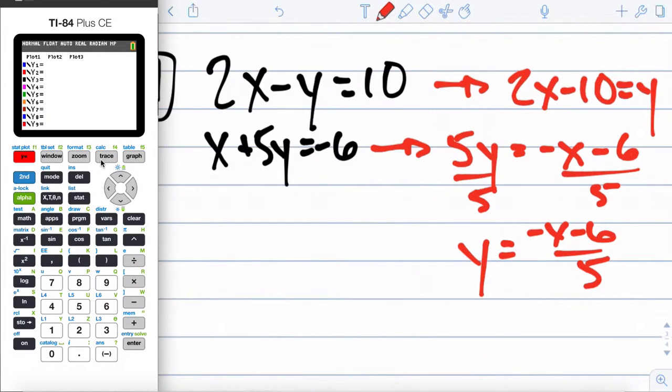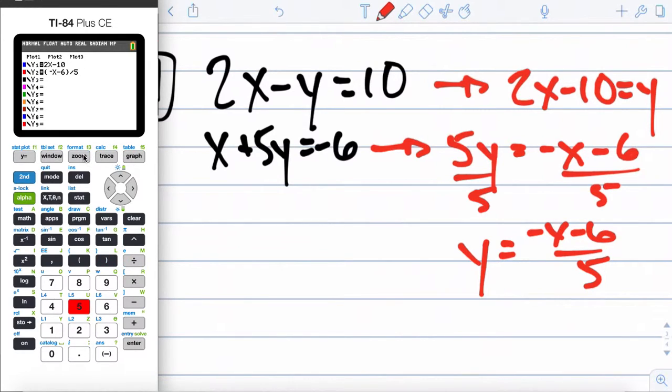I want to put in 2x minus 10. And then I want to do in parentheses negative x minus 6 close parentheses divided by 5.